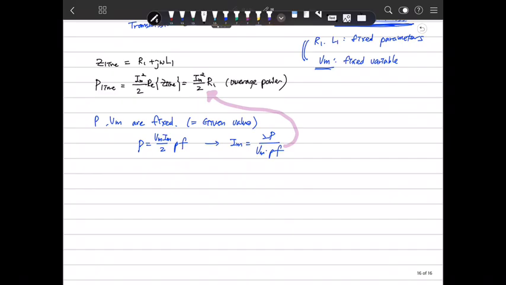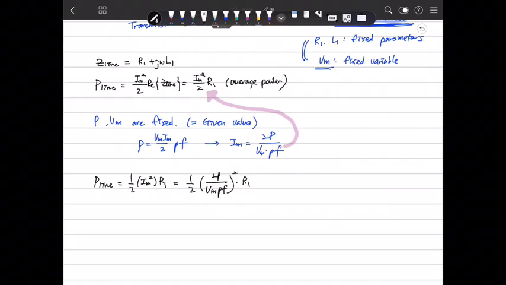So what is the power line loss? P line is half Im square R1. R1 is given. Substituting, it is 2P square R1 over Vm squared times power factor squared.